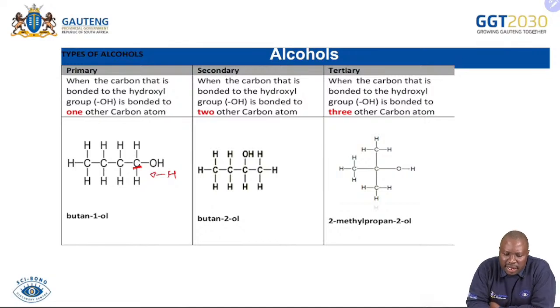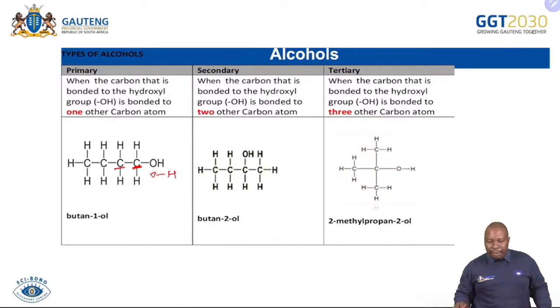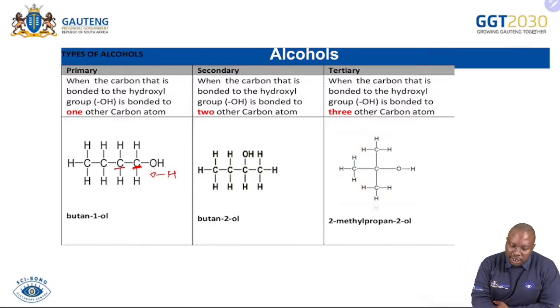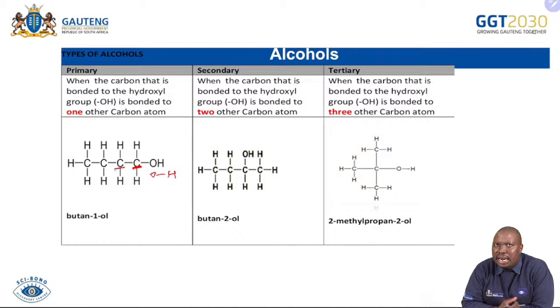Now, for you to define a primary alcohol, you will say it is when the carbon that is bonded to the hydroxyl group is bonded to one other carbon. So you see this carbon is bonded to one other carbon, which is carbon number 2. So you must know primary means the carbon that is bonded to the hydroxyl group is bonded to one other carbon. However, when you move to secondary, secondary means 2, so this can help you.